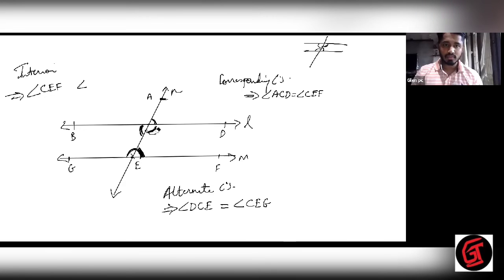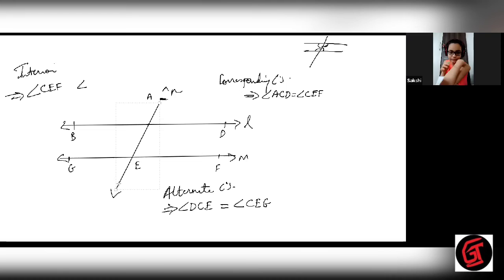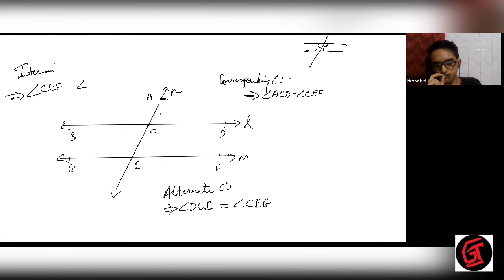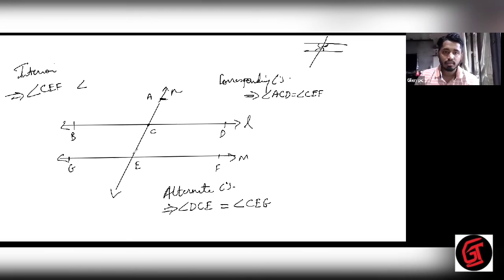Let me erase this and, one second. See. Maybe you were not being able to see. Okay, wait. Okay, now tell me, Herschel, which angle? CEG. CEG is this angle. And which angle is interior? With this, which angle is interior?